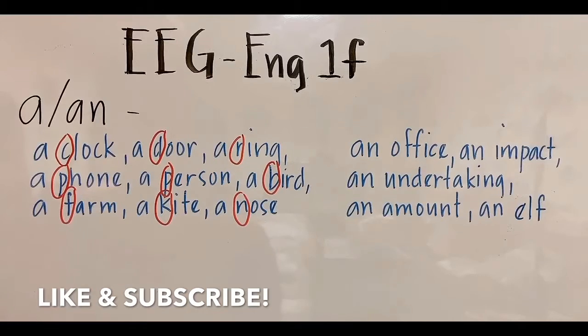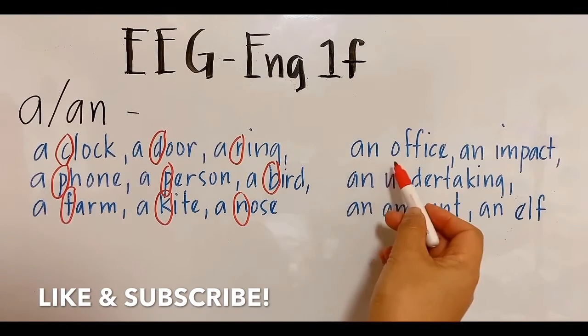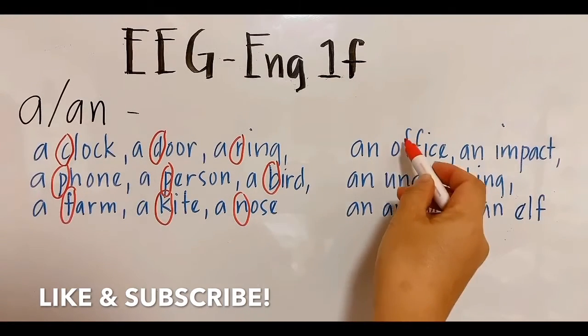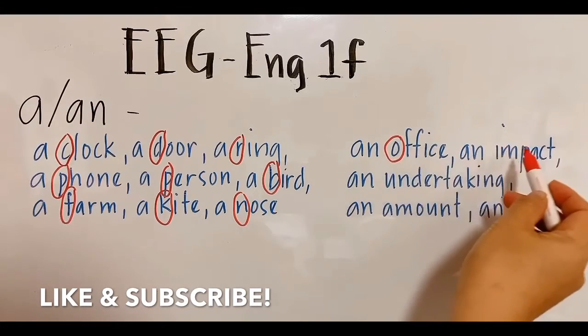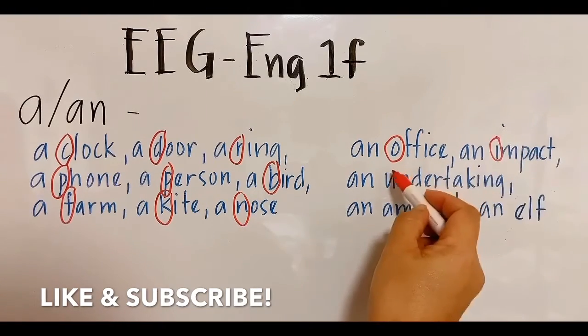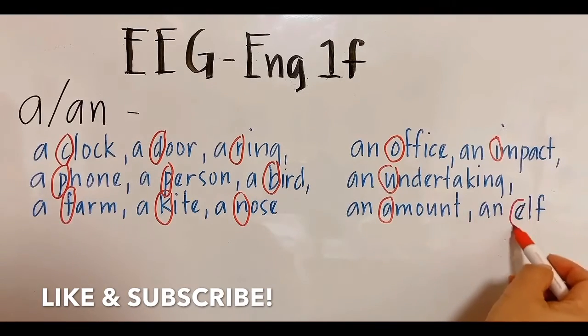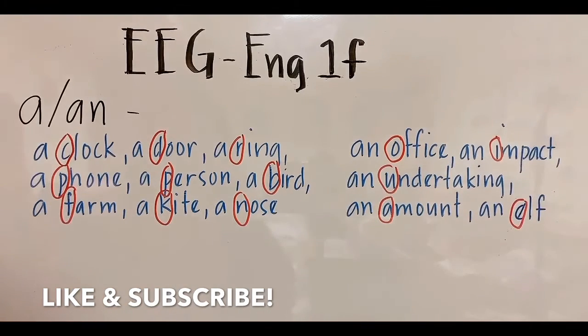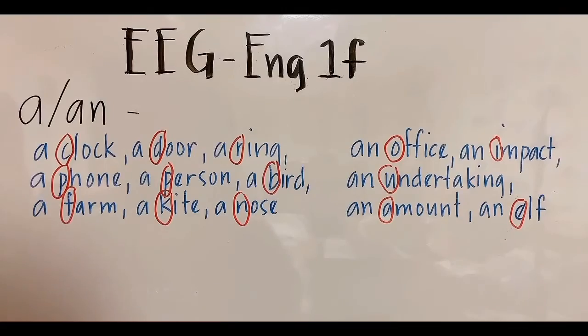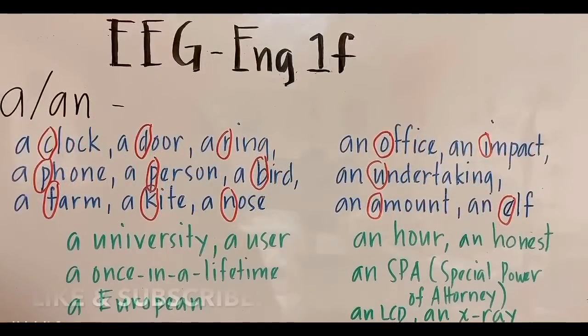And we use an when the word after it starts with a vowel. Consonants versus vowels. However, there are exceptions to the rule. Now let's look at these examples below.